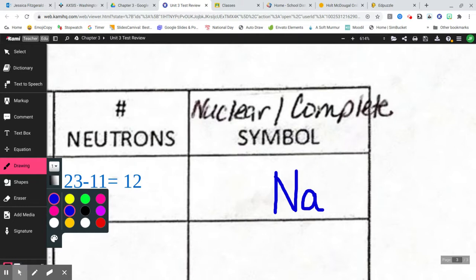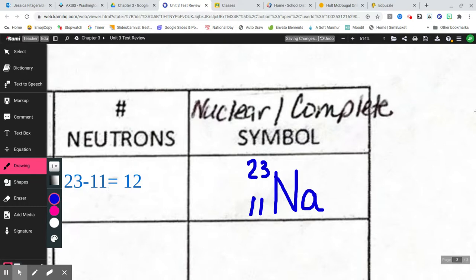And then your mass rounded is always going to go in that upper left-hand corner, and your atomic number will always go in the lower left-hand corner. And since our protons and electrons were the same, we don't have to worry about a charge. If there was a charge, it would go right here.